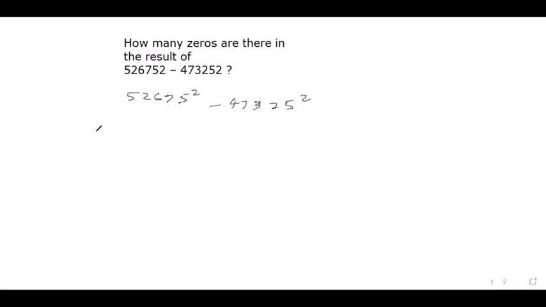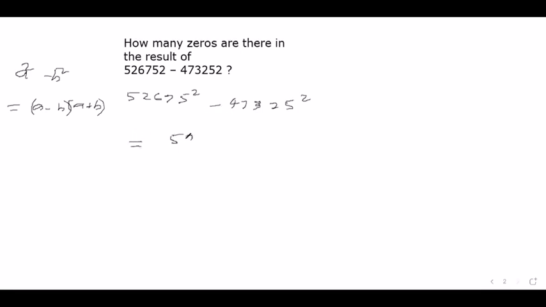Well, for a start, one important fact in school mathematics is that a squared minus b squared is a minus b into a plus b. It's a very important factorization, a difference of two squares. So this is a difference of two squares. You got a minus sign.